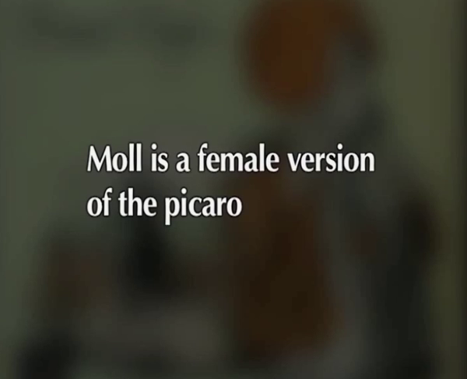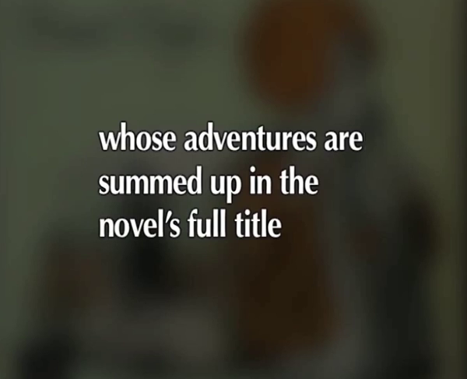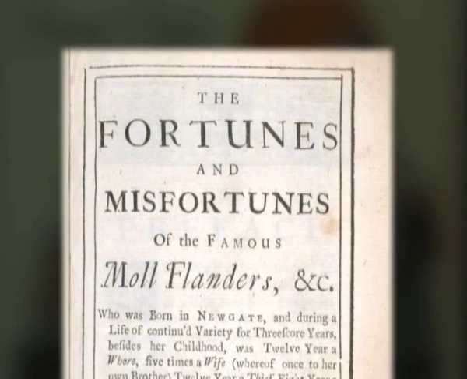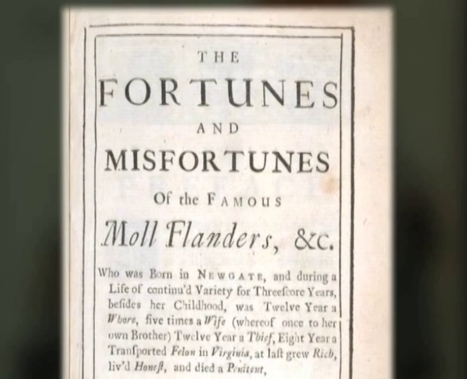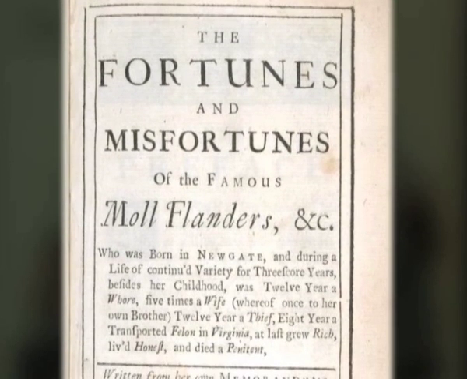The structure of Moll Flanders is episodic rather than an organized plot, where Moll is a female version of the picaro, whose adventures are summed up in the novel's full title, The Fortunes and Misfortunes of the Famous Moll Flanders, who was born in Newgate and during a life of continued variety for 60 years.